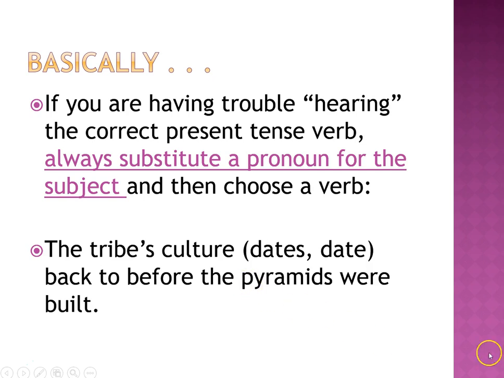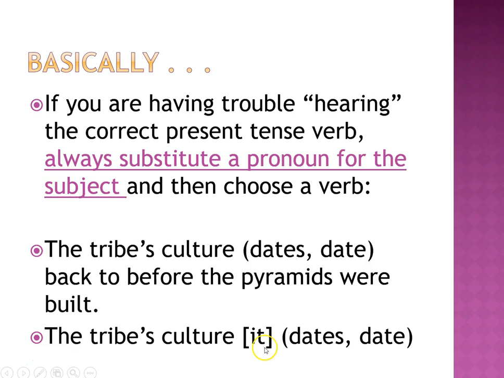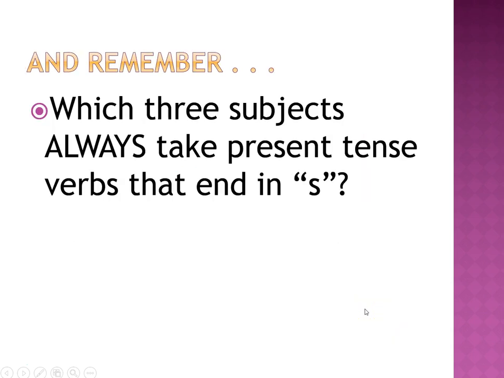So what's the subject? Well, it's culture. And we can substitute the pronoun it for culture. So let's try that as our subject. It dates. Yeah, that's the correct verb. We know that it is always matched with a present tense verb that ends with S. And so we have chosen the correct verb ending.